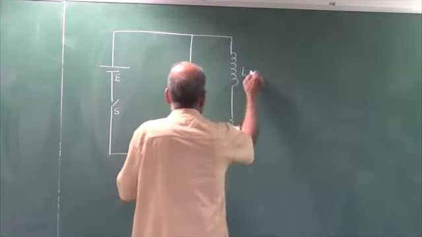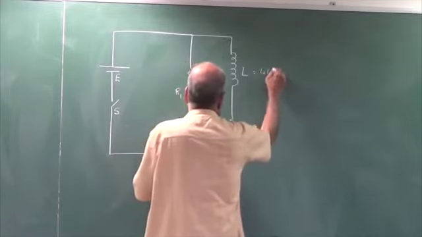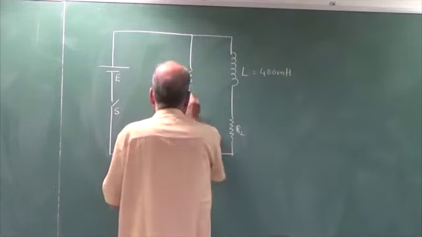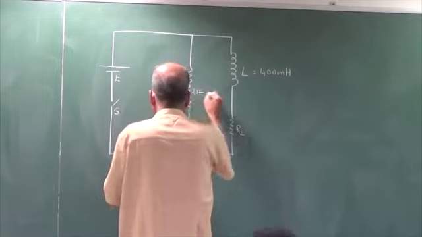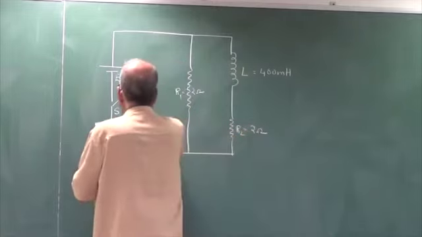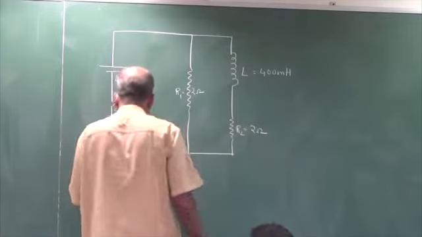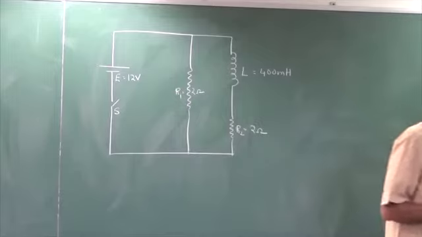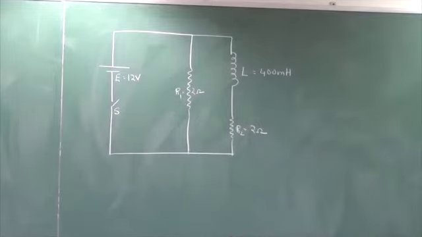He says L is equal to 400 millihenry, R1 equal to 2 ohms, R2 equal to 2 ohms, E is equal to 12 volts. He says internal resistances are negligible. The battery is supposed to have zero internal resistance. The switch S is closed at t equal to 0.